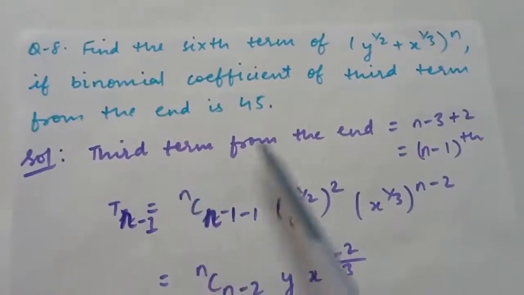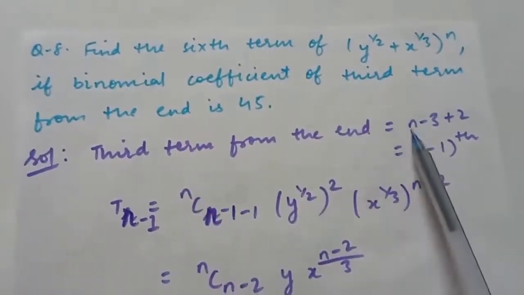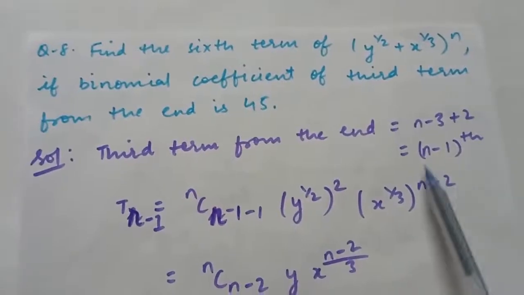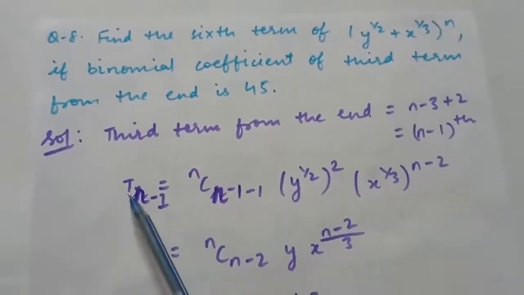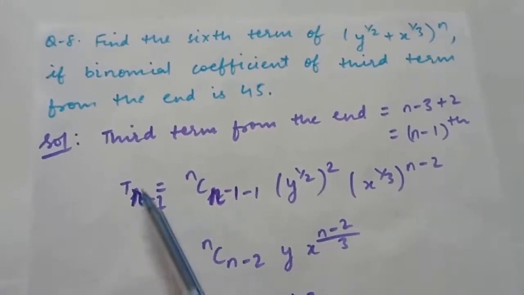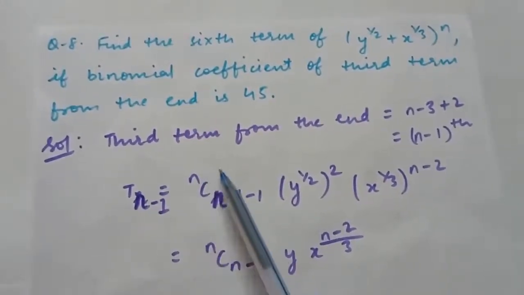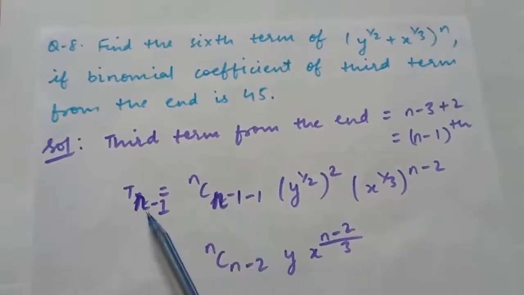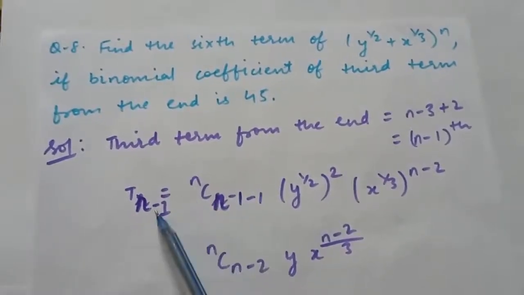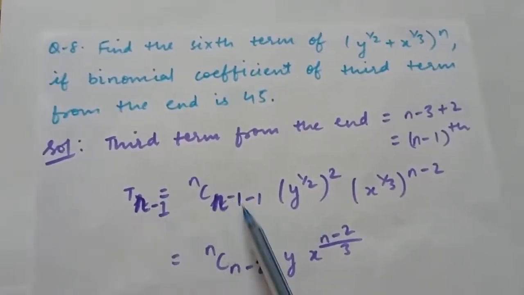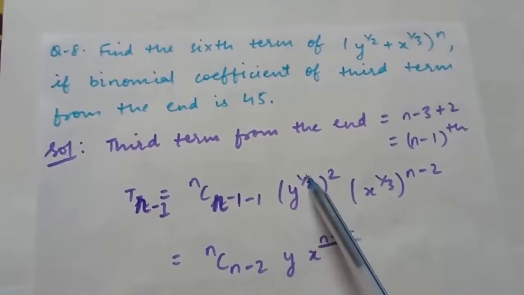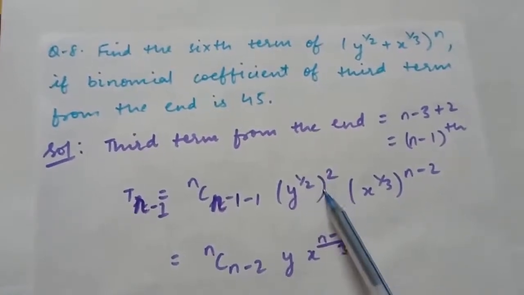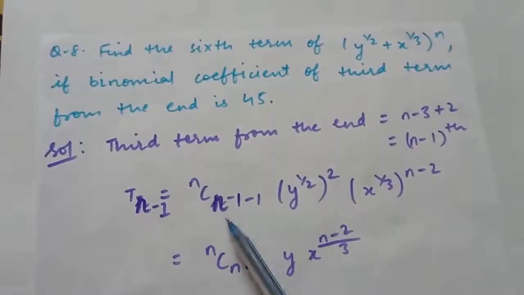So third term from the end will be n minus 3 plus 2, that is n minus 1th term, right? So n minus 1th term will be equal to nC, the number here is 1 less than this number. So n minus 1, that is nC(n minus 2), y raised to the power half raised to the power n minus this number.